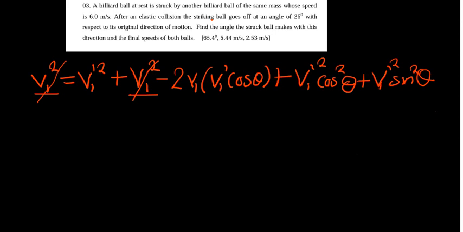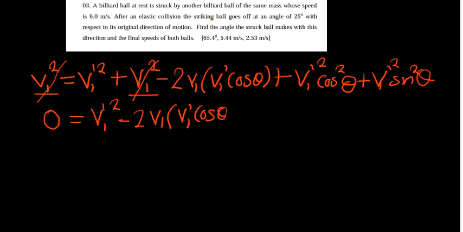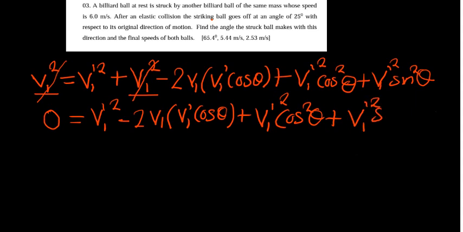Therefore, our equation is going to be 0 is equal to our v1 final squared minus 2 our v1 initial multiplied by our v1 final cos theta plus our v1 final squared cos squared theta plus our v1 final squared sine squared theta.